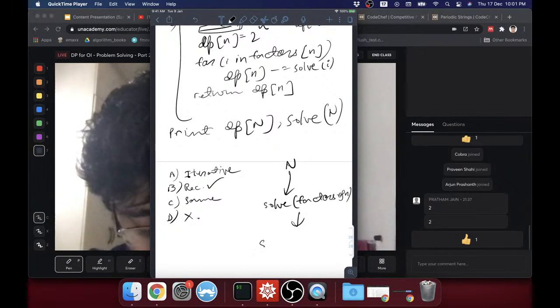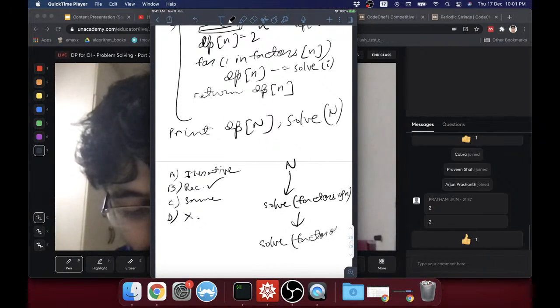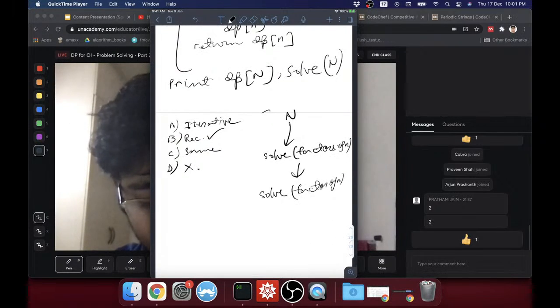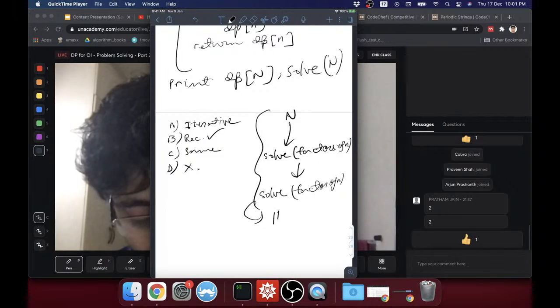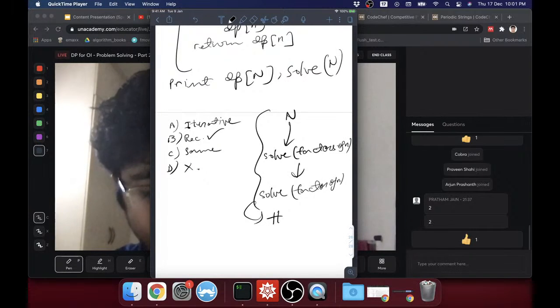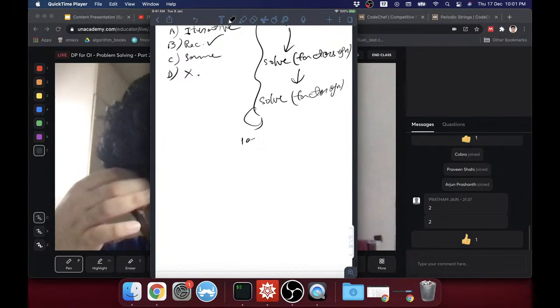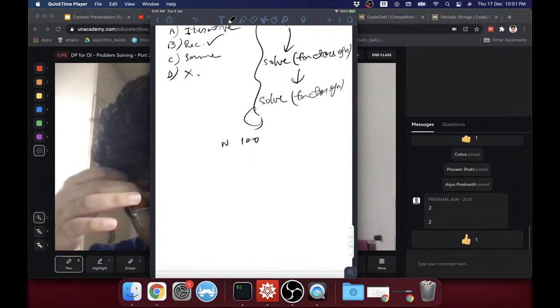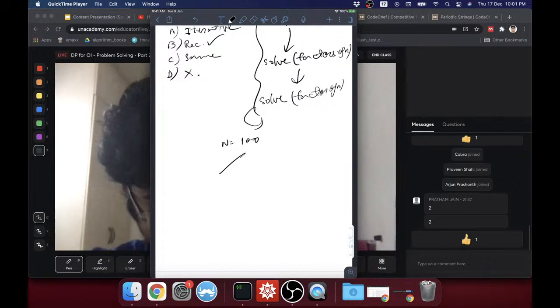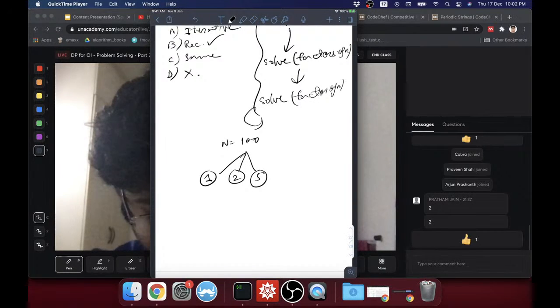Even those, when they recurse, will solve factors of n only. That's the benefit. So in total, you'll only solve those which are factors of n. Let me give you an example. If you're solving n equal 100, then you'll solve 1, 2, 5, 10.